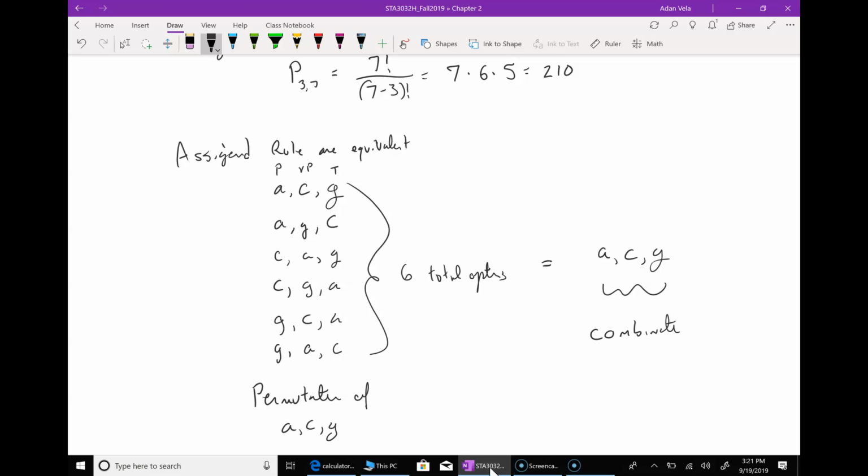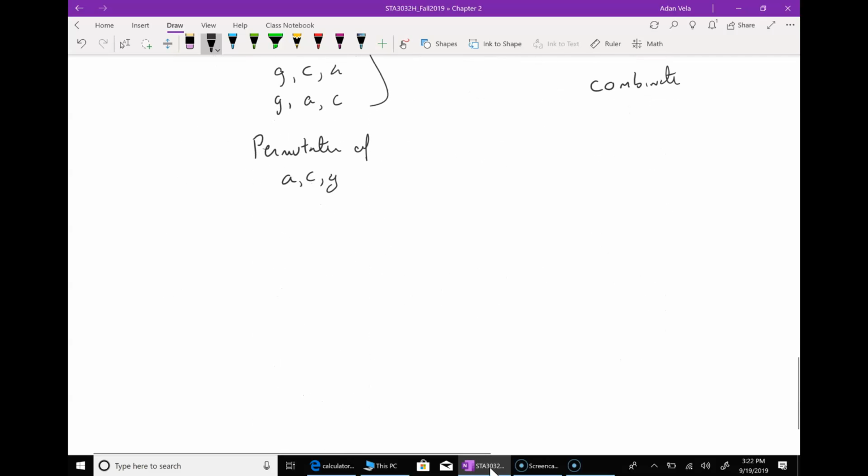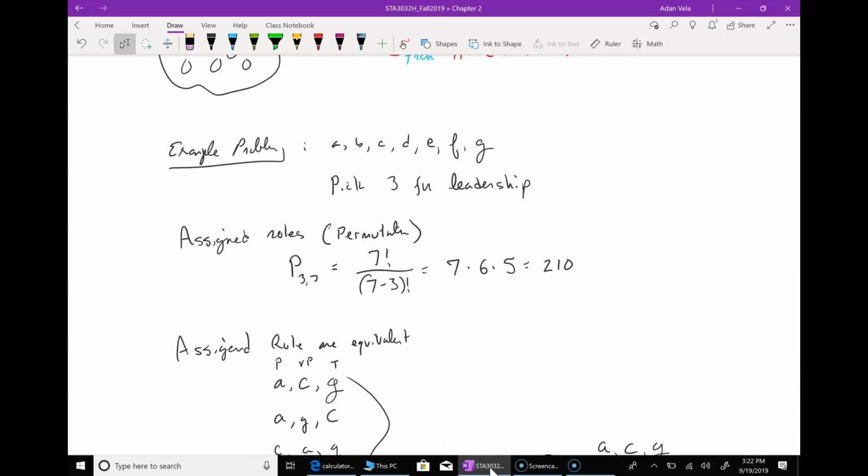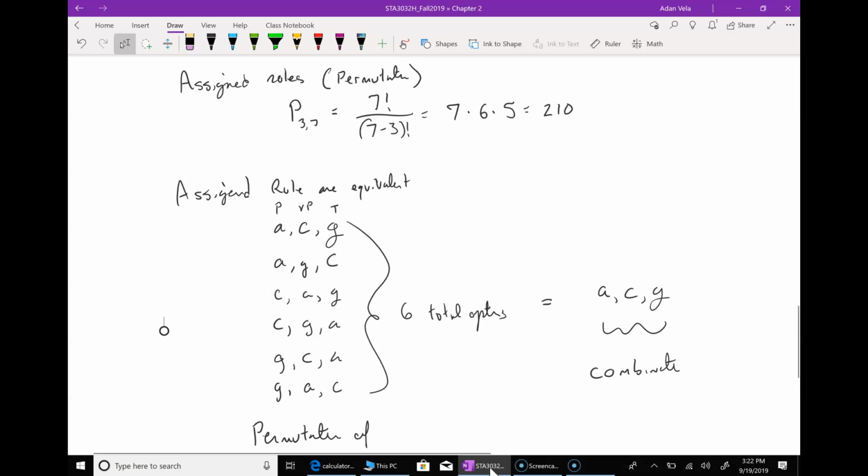Okay. And this gives us some intuition where if we want to talk about how many combinations we can pick, for every 6 permutations, we end up with one combination, right? And the 6 isn't coming from nowhere. It's actually coming from 3 times 2 times 1, right? Which is the number of ways that you can reorder these guys, right?